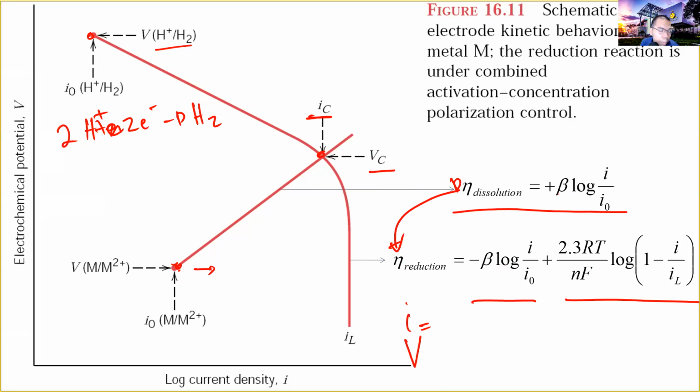So it's the same thing. We just equate the two polarization curves to get the intersection, to get your corrosion potential and your corrosion current. So this is mechanically simple, I mean, simple to understand. The trouble here is the math. It's a bit hard to equate this.